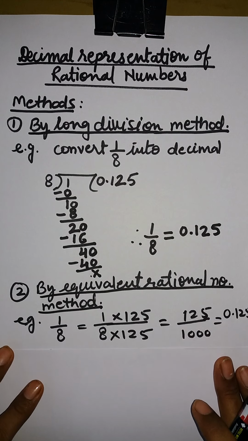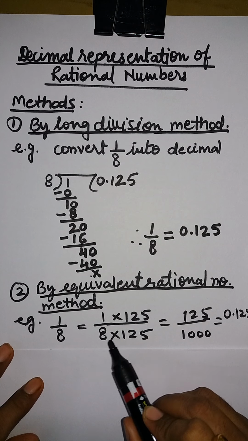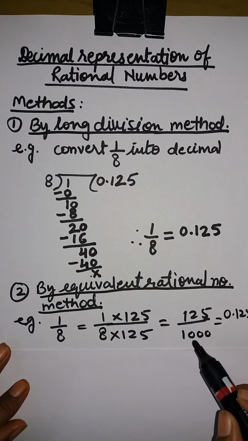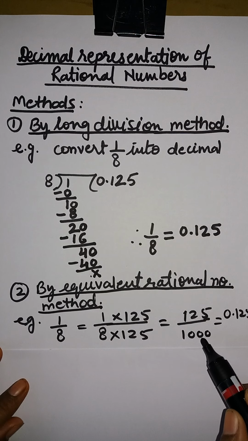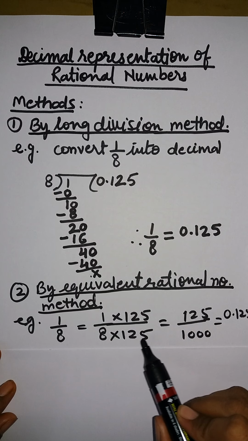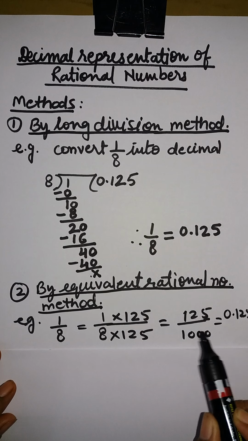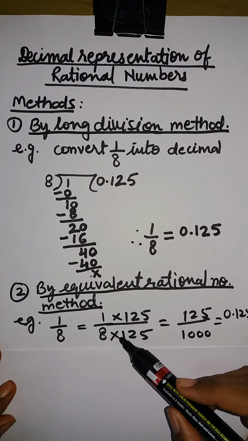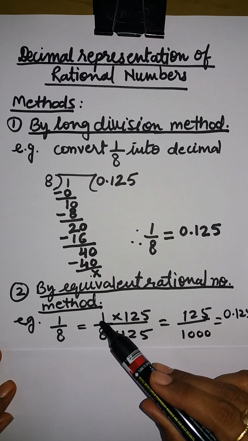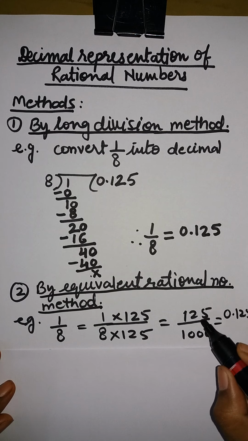Another method, as I have told, is the equivalent rational number method. So we have to find such a number which when multiplied by this 8 gives us 10, 100 or 1000, etc. So if we multiply this denominator 8 by 125, we get 1000. If we are multiplying the denominator by 125, we have to multiply the numerator by the same, as we know from the property of rational numbers.